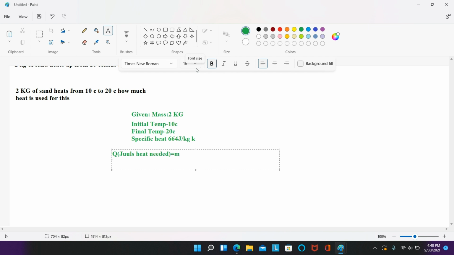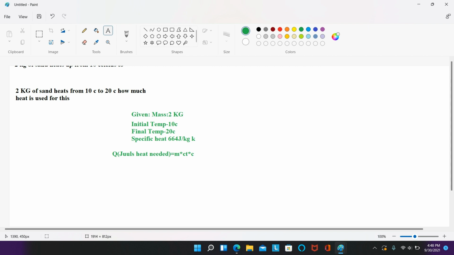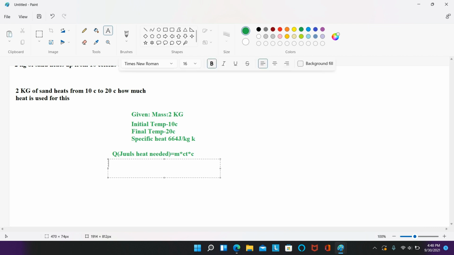So you have M times change in temperature times C, because C represents specific heat in physics.